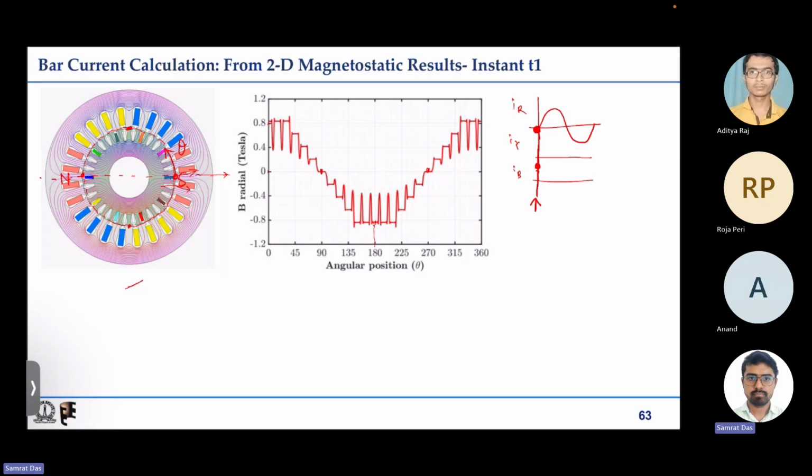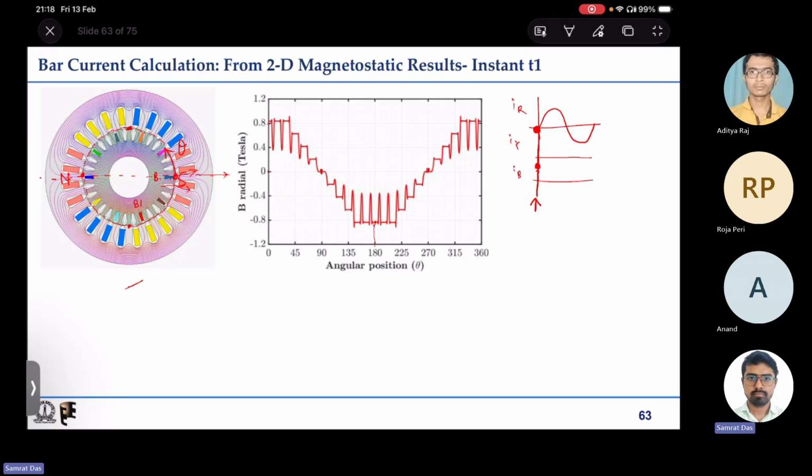Now say we want to calculate the flux linkage at this instant for different rotor bars. We did some nomenclature, and because I am doing it now, it may not be the same, but probably the red one I indicated as B1.